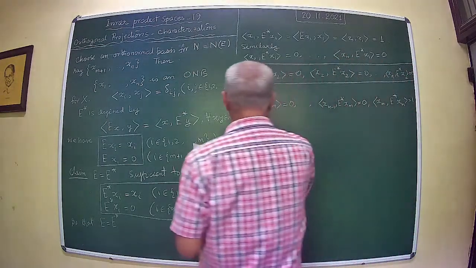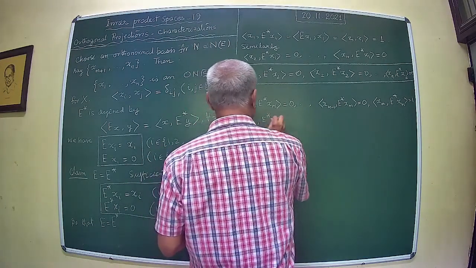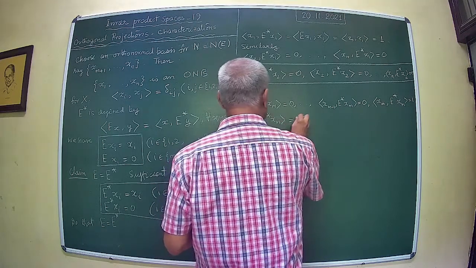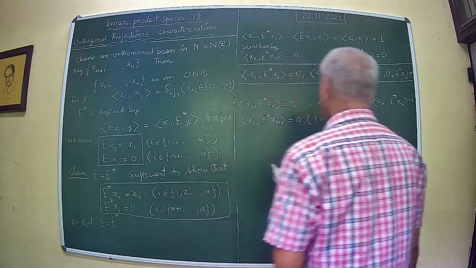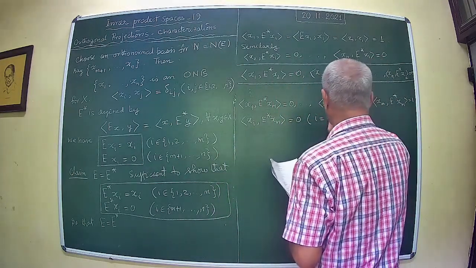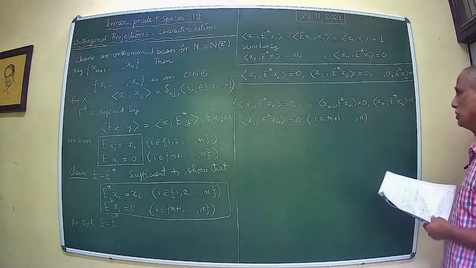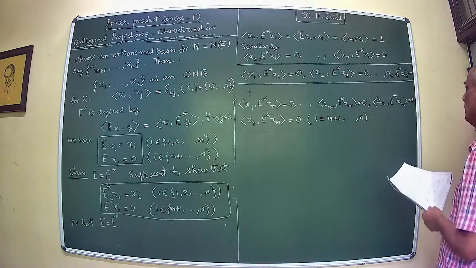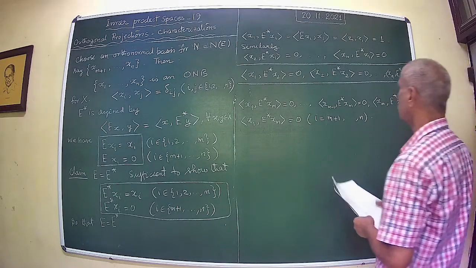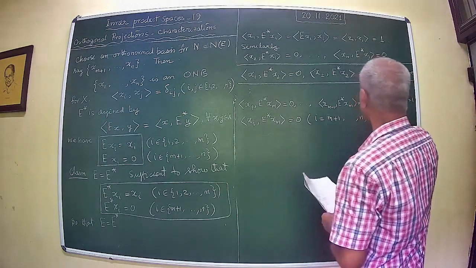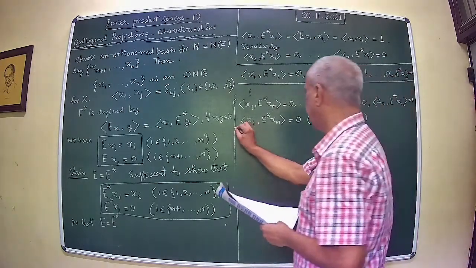Further, the inner product of xi with E star of xm is equal to 0 for i not equal to m. So you get information about E star of xn. I think I made a mistake. It is 1 here. Right. So that is there.